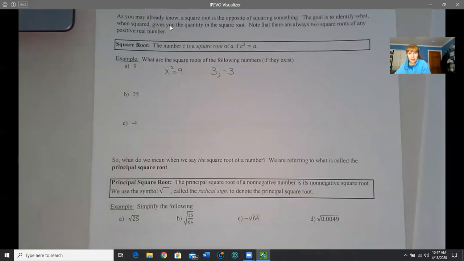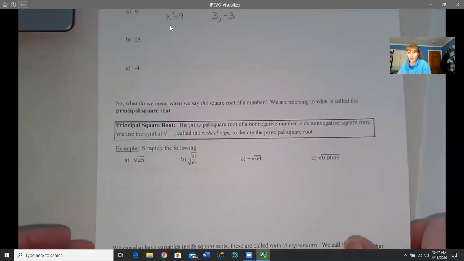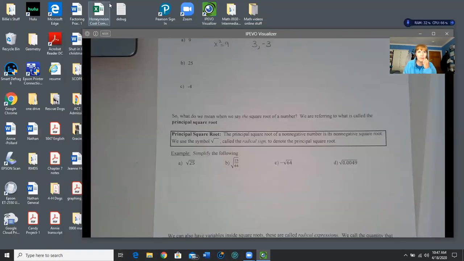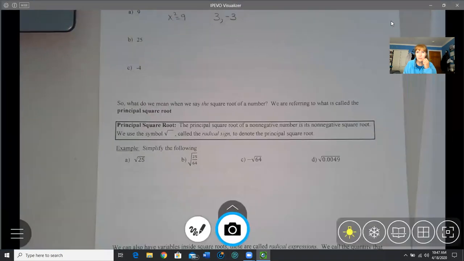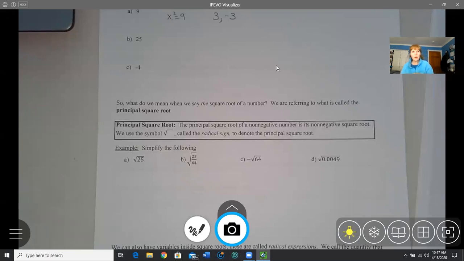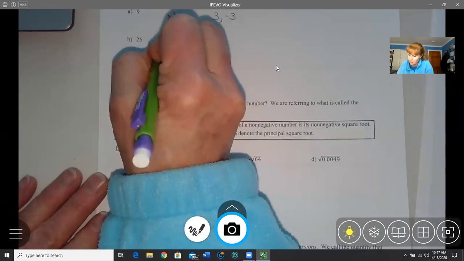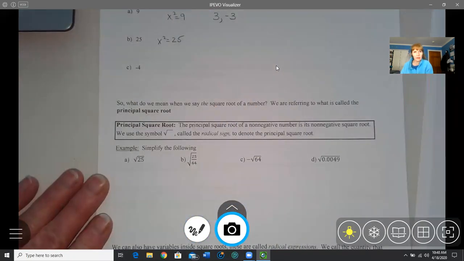Now let's look at their next one. We've got 25. What are the square roots of 25? The square roots of 25 would be the solutions to this right here.